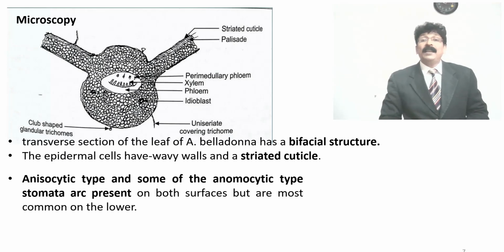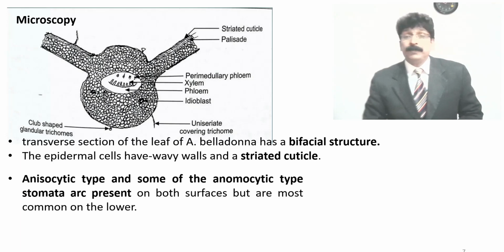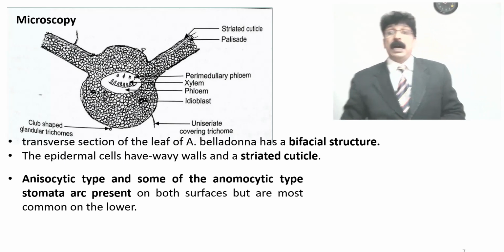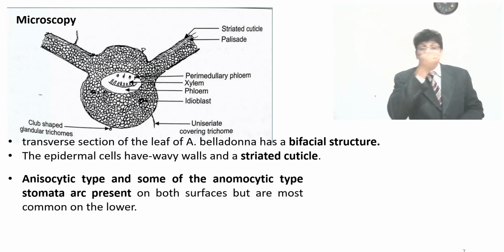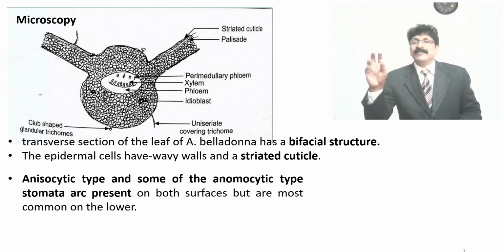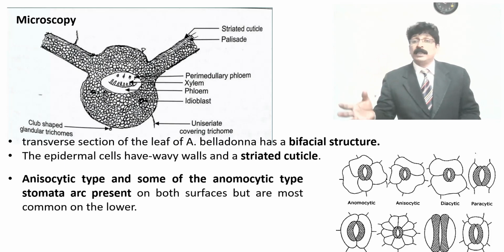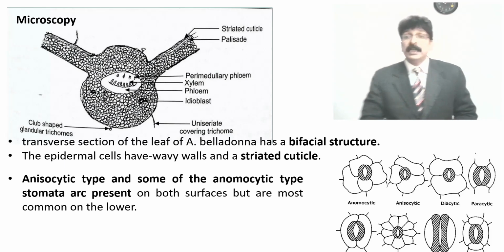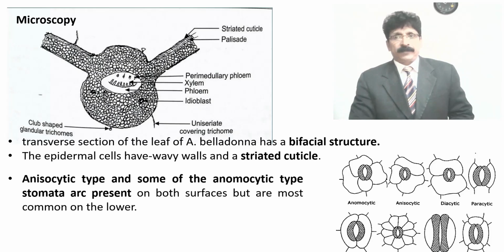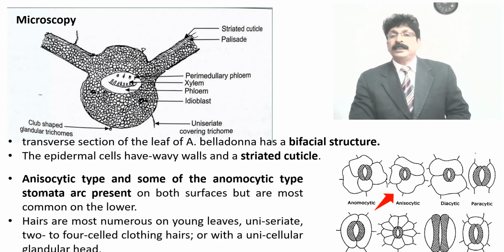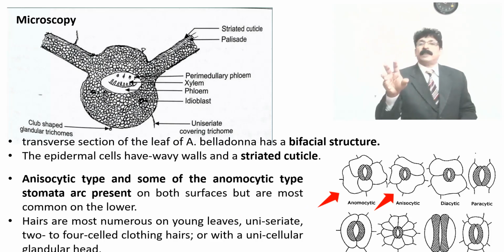And you see anisocytic type, and some anomocytic type of stomata are present. Anisocytic means 3 prominent cells will be there. Anomocytic has additionally 1 more cell, which you have studied in your cellular structure first chapter. You can see in the picture which I have shown here, the arrow shows the anisocytic type, you can see very prominently 3 cells surrounding the stomata.